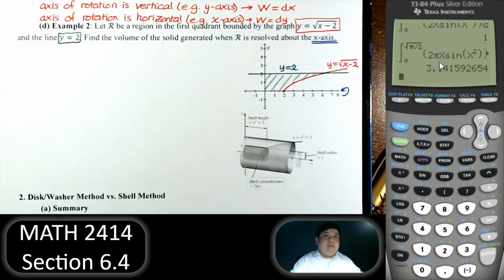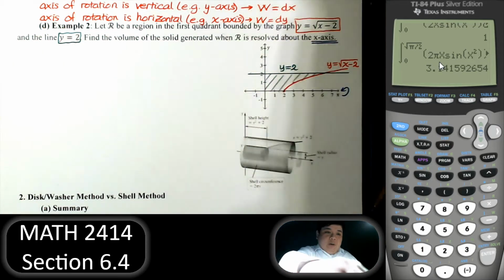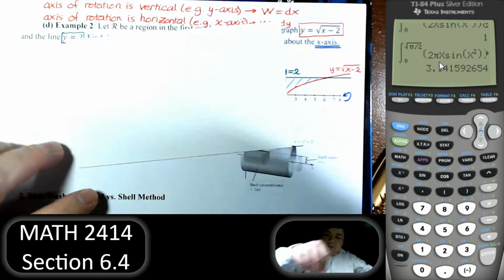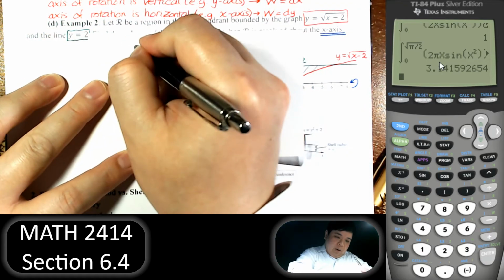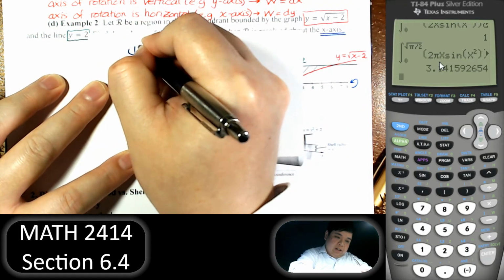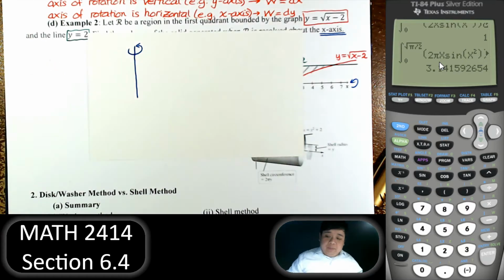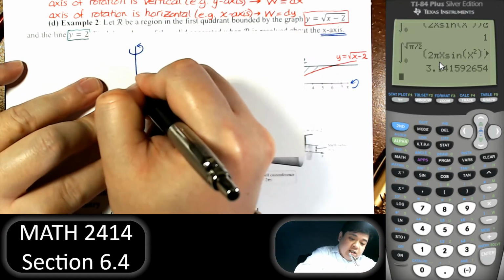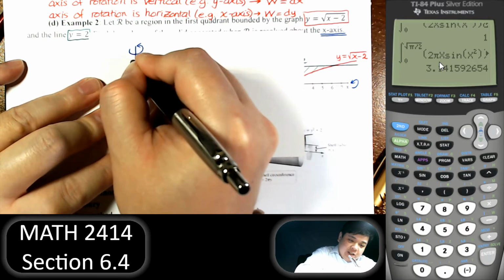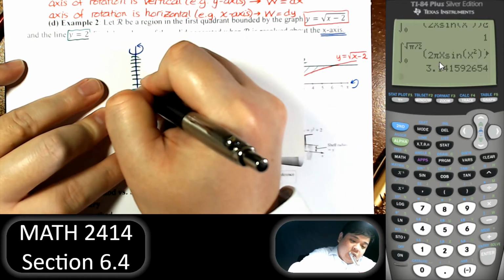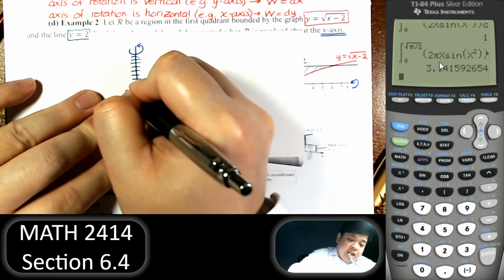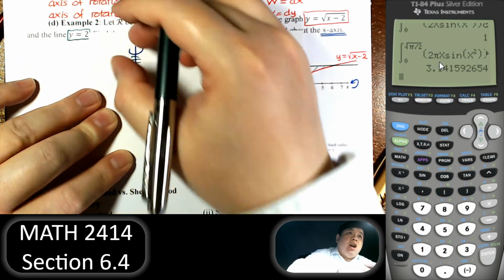So remember, in general, let's say if we have the vertical axis of rotation, then the washer method, we're going to slice it. And of course, each one of the slices is going to be dy, which is parallel to it.